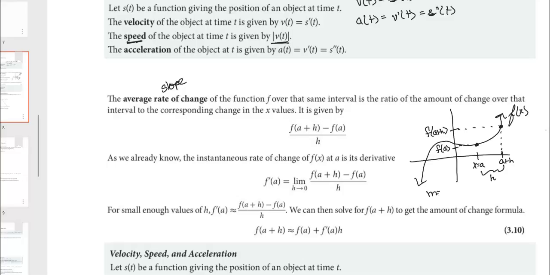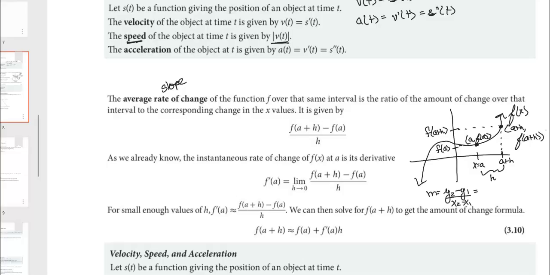So slope, if you remember, is y2 minus y1 over x2 minus x1. So if we think about these ordered pairs, this is a, f of a, and this is a plus h, f of a plus h.